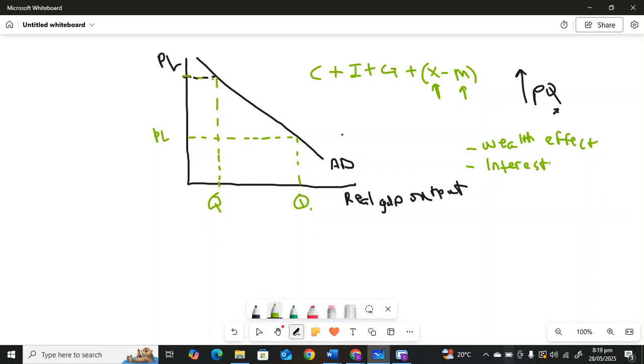Since people are demanding more money to cover those higher prices, the banks don't have all that money to give out, so they're going to have to raise interest rates.